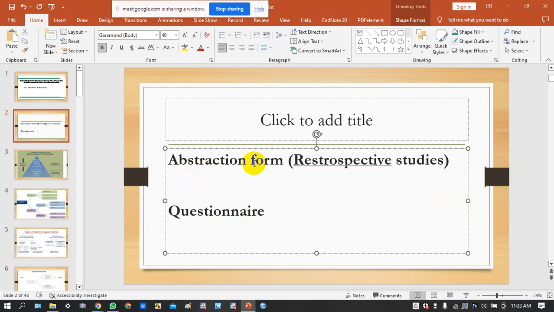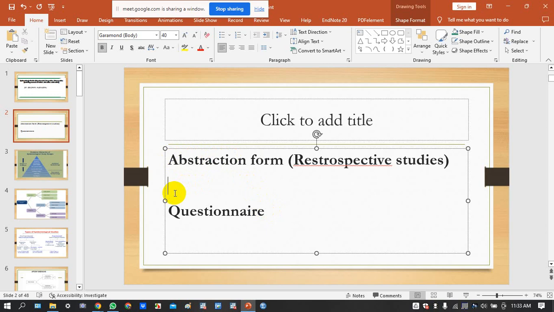You design an abstraction form, go to the hospital, and look for information on patients for the last 10 years on malaria or HIV or Ebola or COVID-19. Most of those patients may have died. Some have migrated to America or Canada and are not there to answer questions, but their information is in the hospital, so you can get it from the hospital.